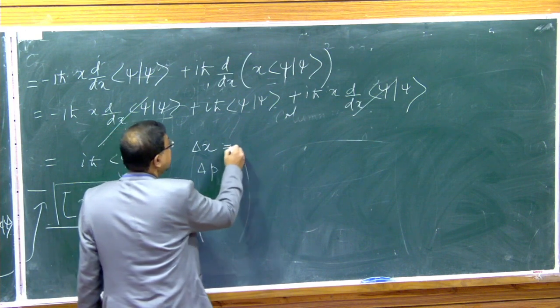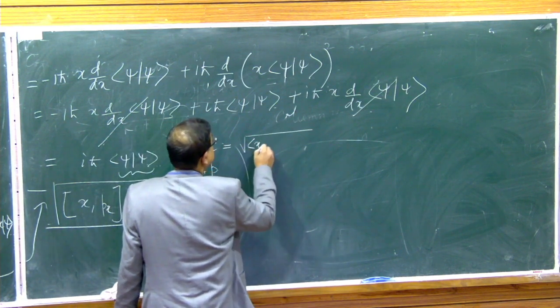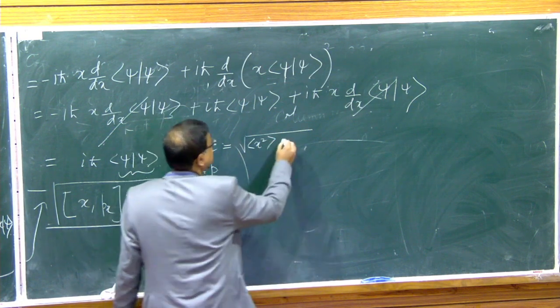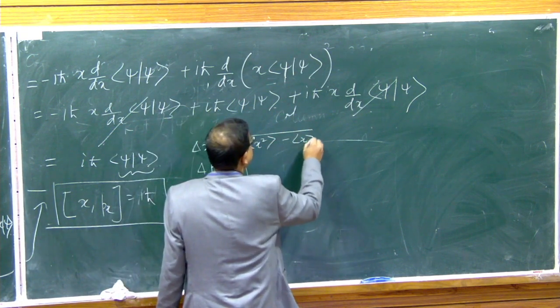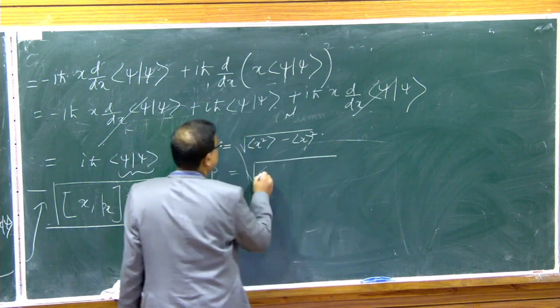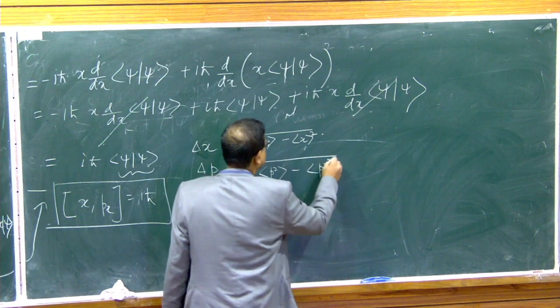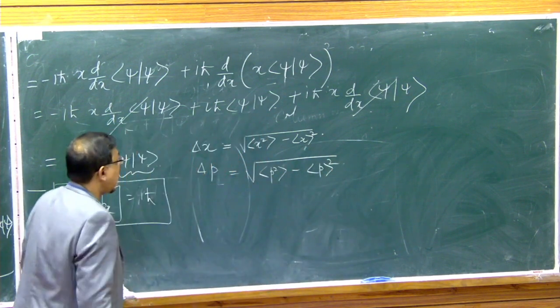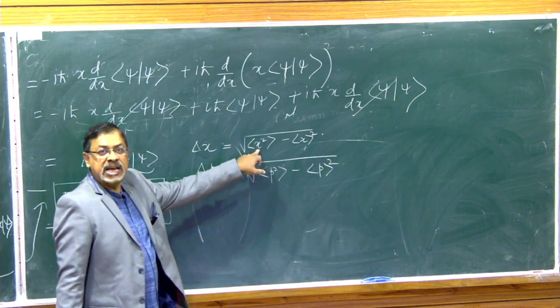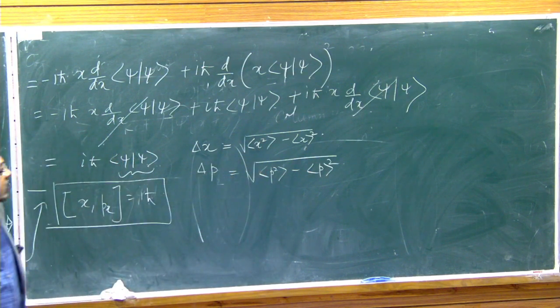These definitions are that it is x square expectation minus x expectation square, and similarly p square expectation minus p expectation square.